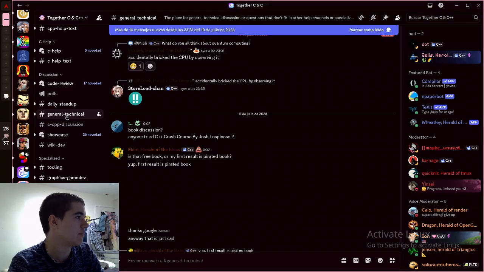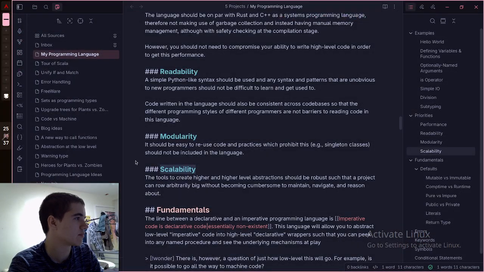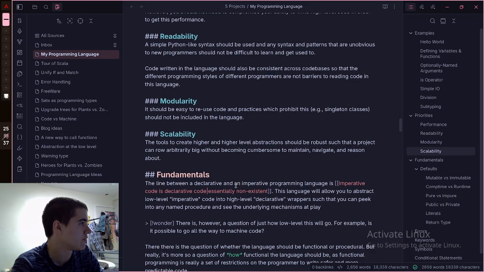Right. Let me just close Discord actually. It's probably slowing things down. The source code's higher and higher level abstractions should be robust, such that a project can grow very big without becoming cumbersome to maintain and navigate.